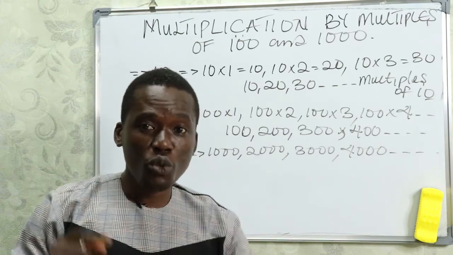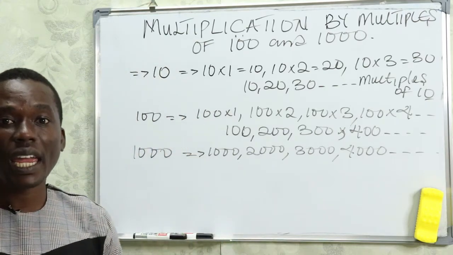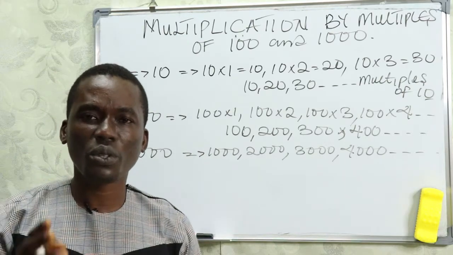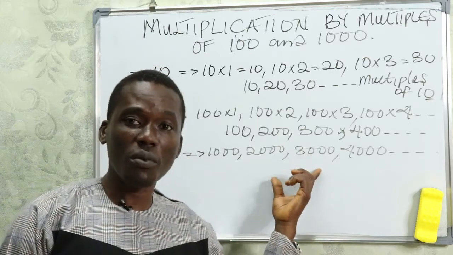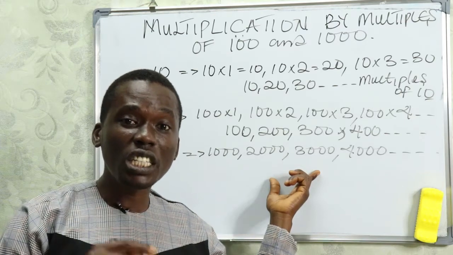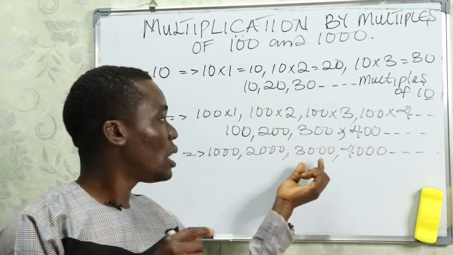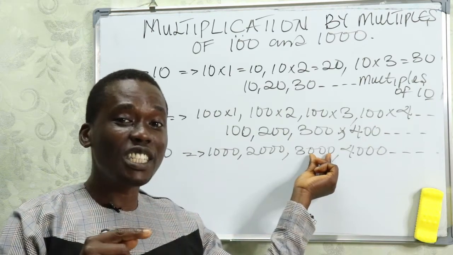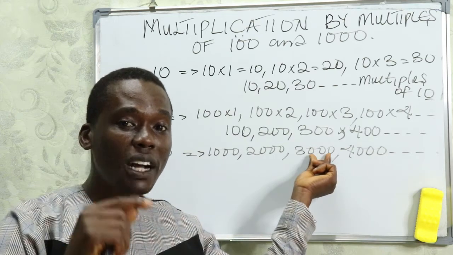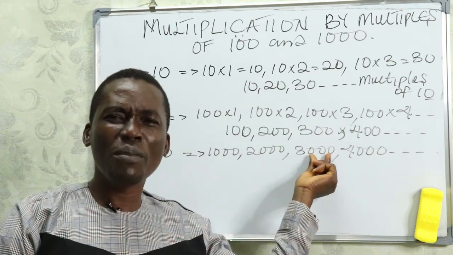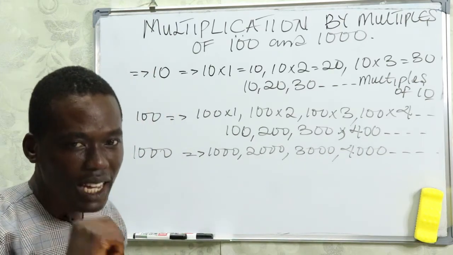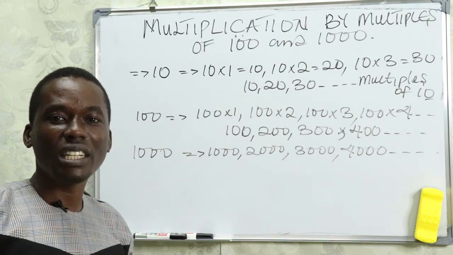When your teacher asks you to multiply numbers by their multiples, all you need to do is to take note of the factors of that number which you will derive from the multiples, and when you find that factor, you increase the multiplicand with the number of zeros, and after that you now multiply the resulting value by the other factor of the multiple. Now what do I mean by this? You might not understand what I mean by that, but when we take an example, then you will understand better.